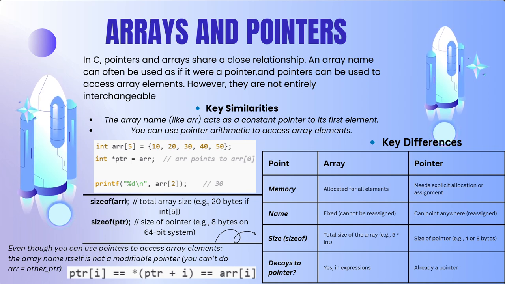You can't do ARR equals another pointer. You cannot use it like this. This is not allowed. In this example, ptr[i] equals *(ptr + i) equals ARR[i]. You cannot assign to the array name because it is not modifiable.